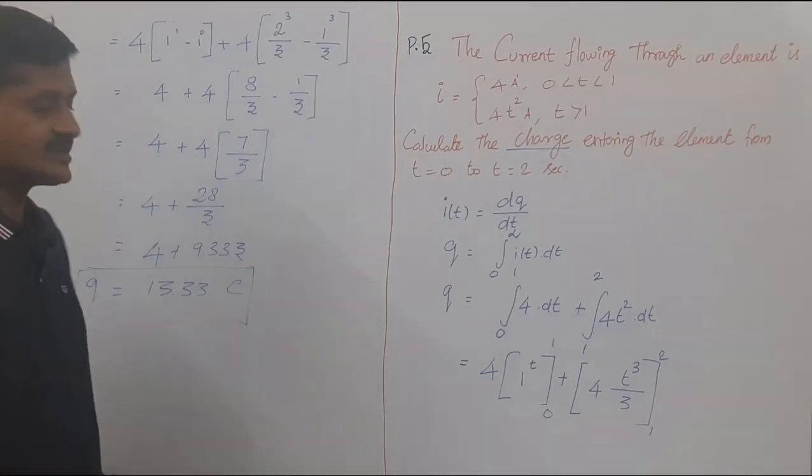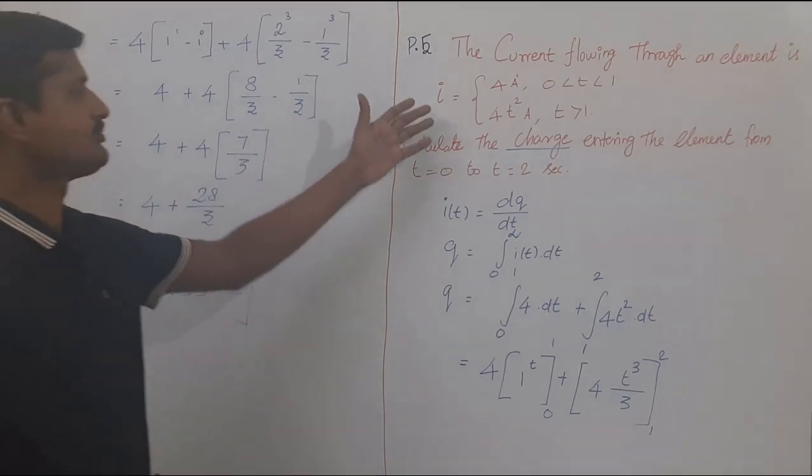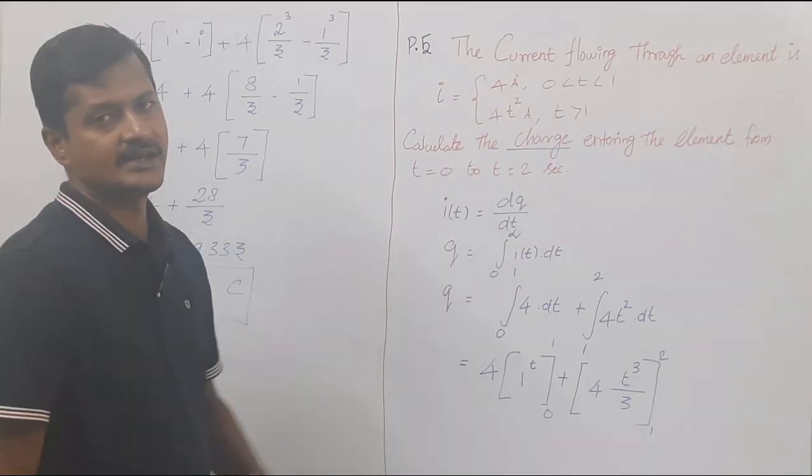The value of the charge is 13.33 coulombs. This is another method to find the charge if the current is given in two different periods.